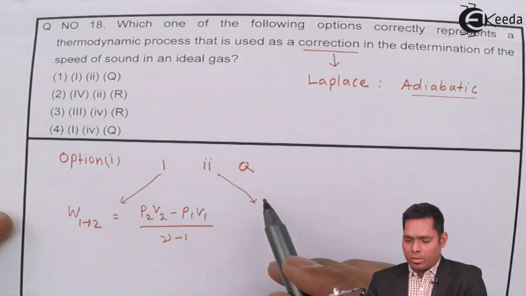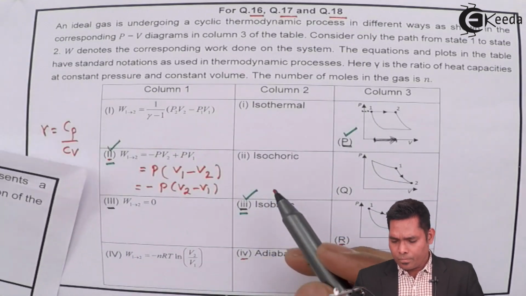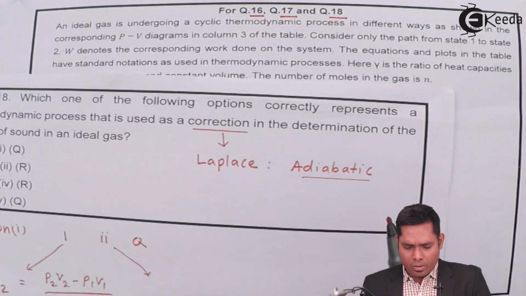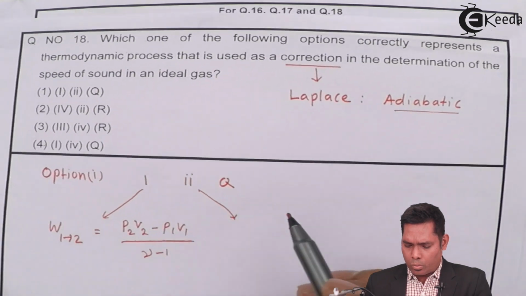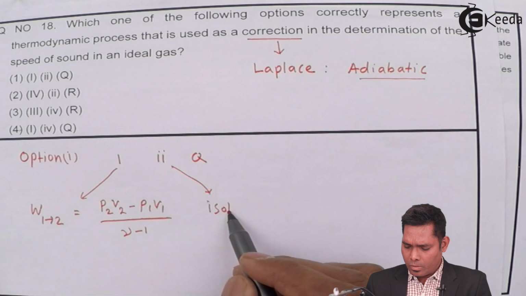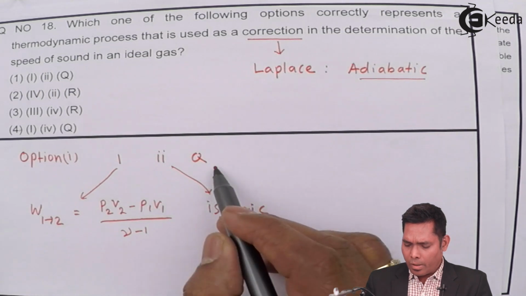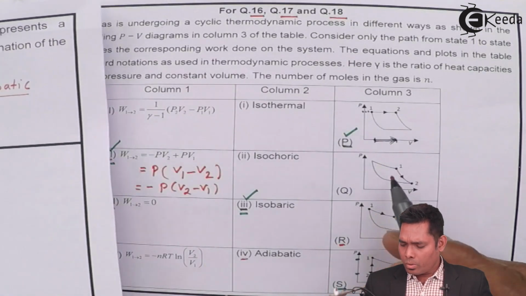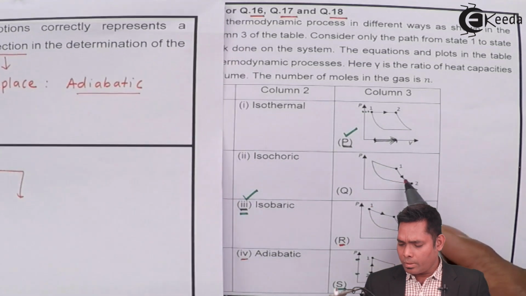The second one talks about 1, 2 being an isobaric process, and Q is this one.